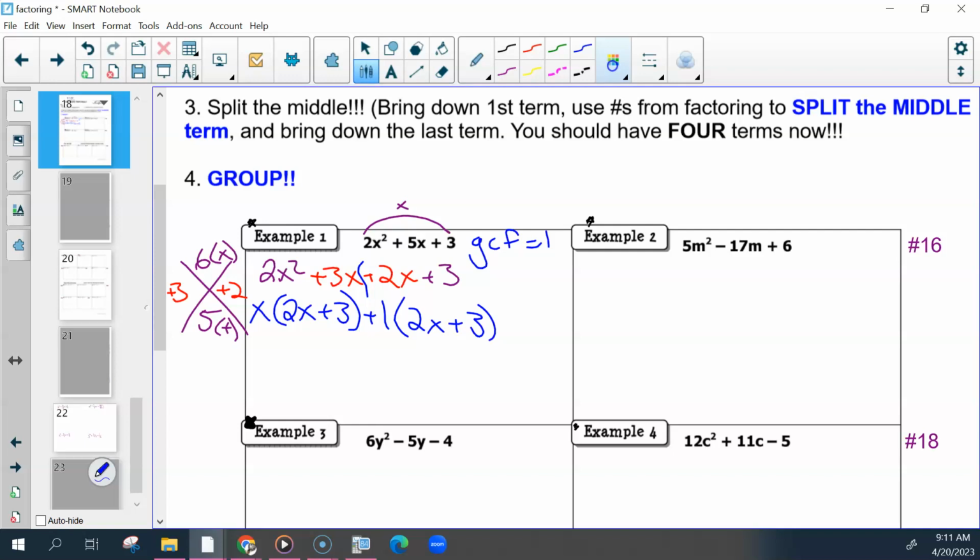Then we have to write our final answers. Things on the outside become x plus 1. And the things that are on the inside, if they're the same, you just write 2x plus 3. So that's me double checking that we did it right.